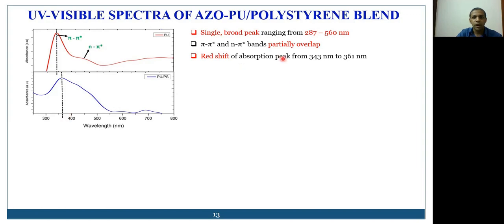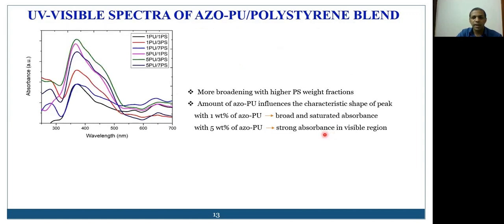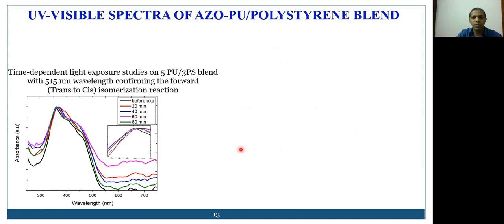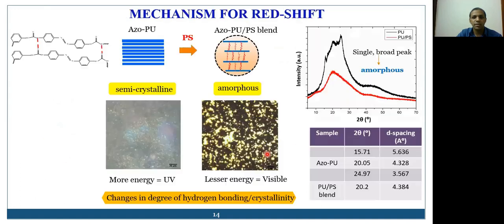And here are the spectra for various compositions of azo-PU and polystyrene in different volume percent. There is definitely more prominent broadening and overlapping of peaks for higher polystyrene volume percent. We've also done exposure studies to confirm that trans to cis isomerization is brought about, and therefore it shows tangible response to visible light.